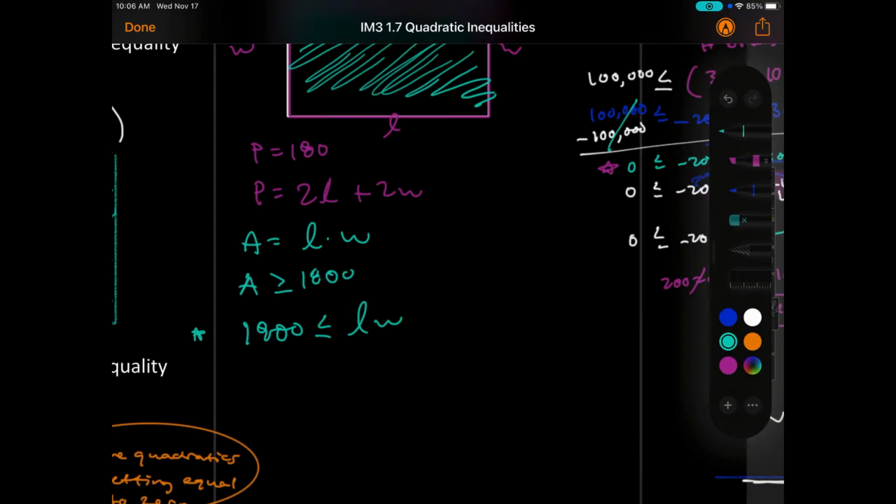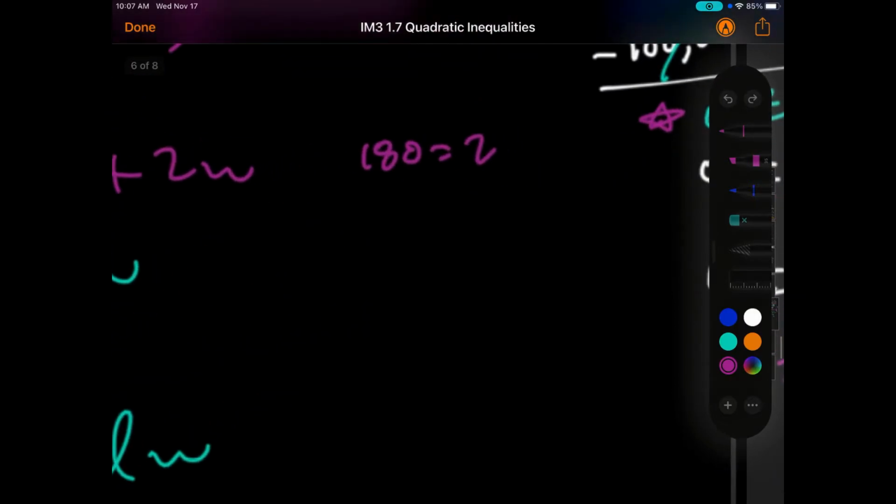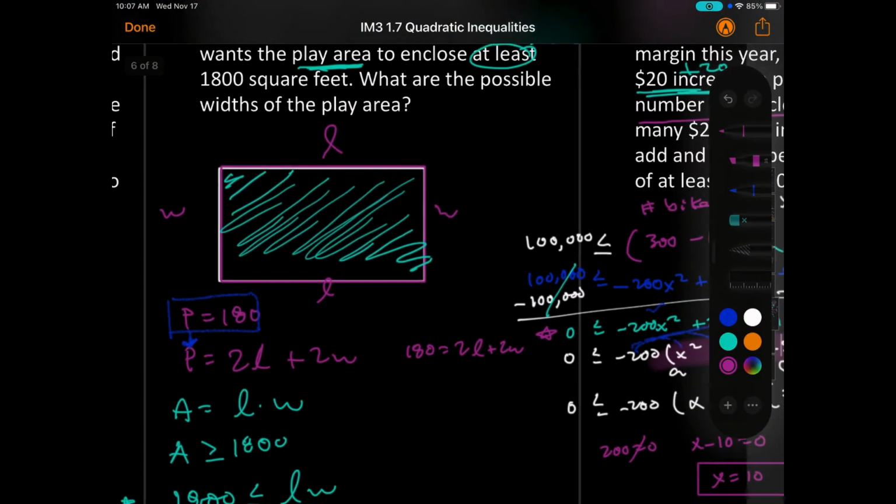This one up here in pink, if I do a substitution here, if I put in P is 180, then I get 180 equals 2L plus 2W. And the question did say, let's go back up really quickly, what are the possible widths? So I want to solve everything in widths or W, okay?